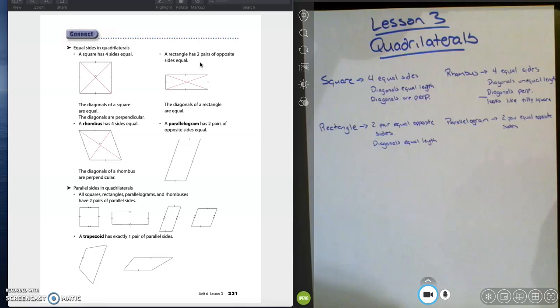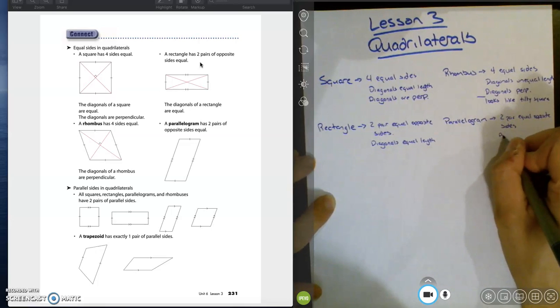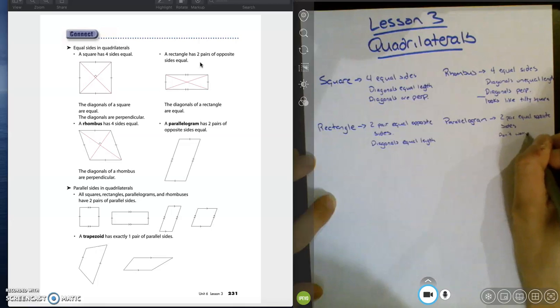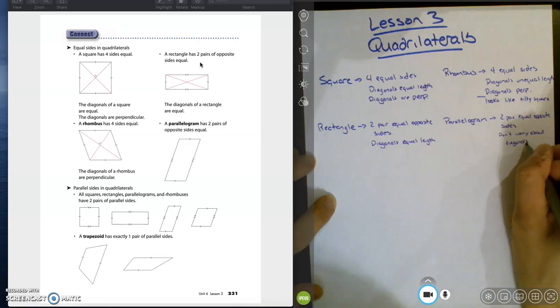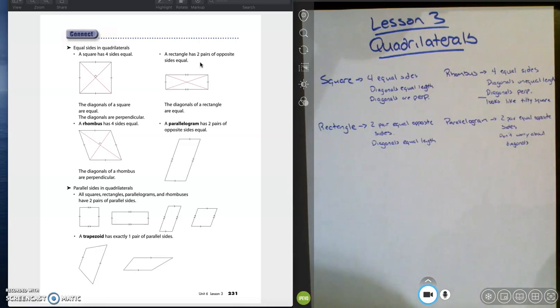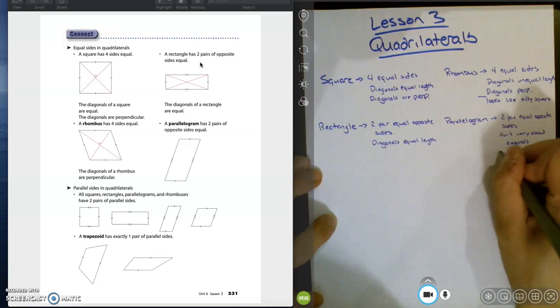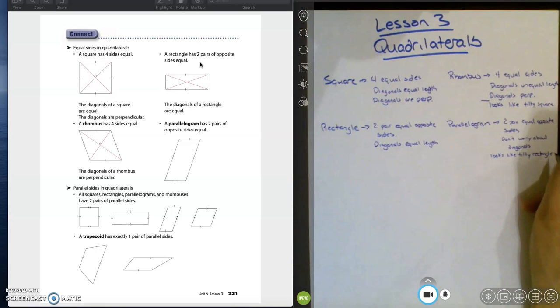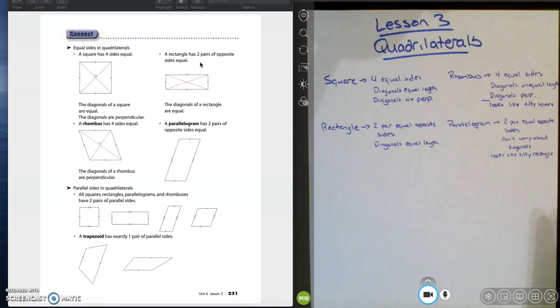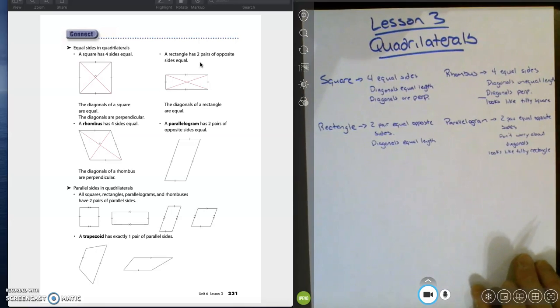We don't talk about the diagonals, but if you drew them out, you would definitely see that the diagonals are unequal length. The biggest giveaway for a parallelogram is that it looks like a tilty rectangle. It looks like somebody took a rectangle and kind of shoved it over a little bit. So that's going to be the really big giveaway for that one.